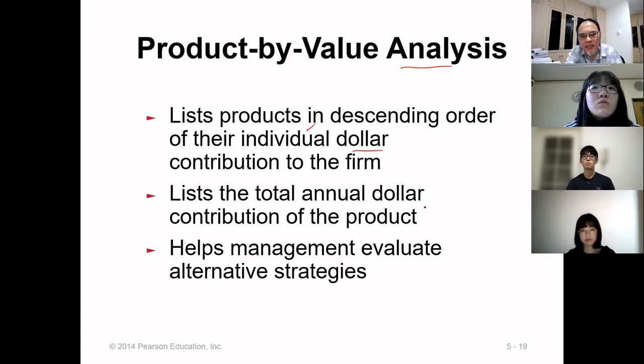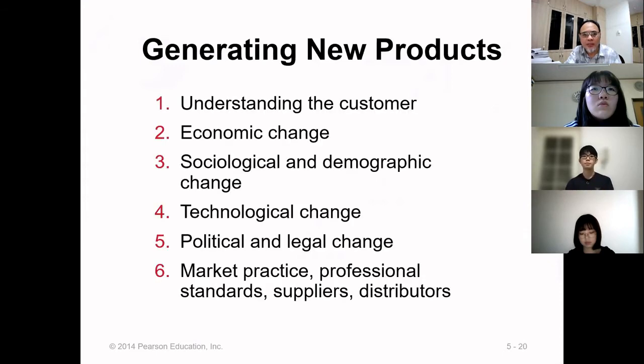You list the total annual dollar contribution. Then you see which one gives you the greatest, and you focus on that. This can also be a decision on which product you don't want to produce anymore, or don't want to be involved in developing. It will help management evaluate alternative strategies. Okay, that's only a concept that you need to just be aware of.